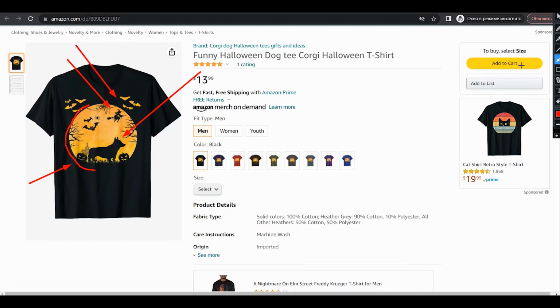And of course, when you are making your keywords, your title, you should mention not only Halloween tags and Halloween keywords, but also the name of the dog's breed, or maybe the name of the character, or something like that.